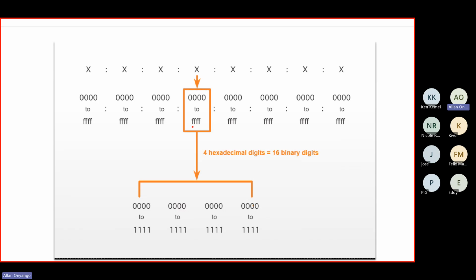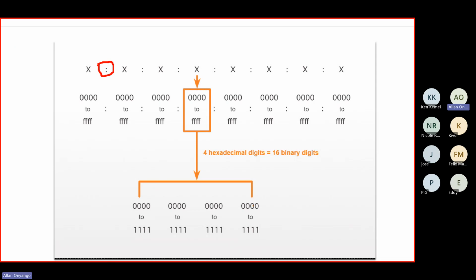And the 8 parts in IPv6 are not separated with a dot or a decimal. No. They are separated with a what? Not a semicolon, full colon. They are separated with a colon. Just circle that there. In IP version 4, each part is called an octet, isn't it?